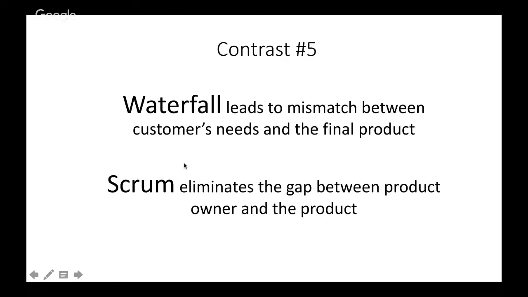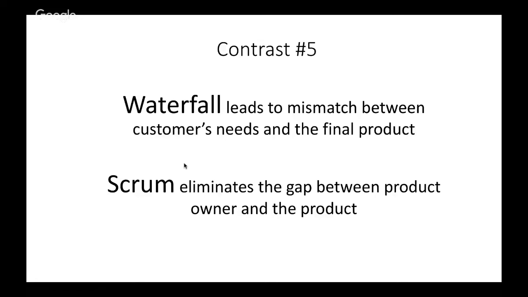Number 5. Waterfall leads to a mismatch between customers' needs and the final product. In waterfall or traditional project management, architects design the system interactions, developers build the code, and a separate team executes detailed functional and non-functional testing on the code to validate it against the documented requirements.